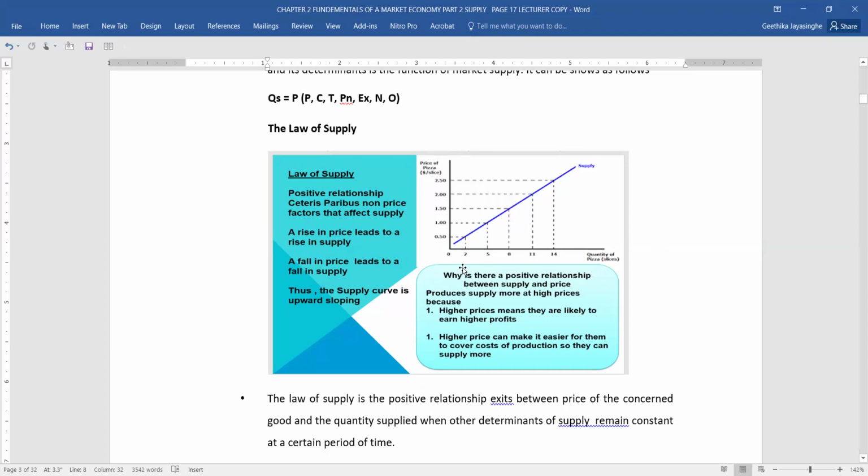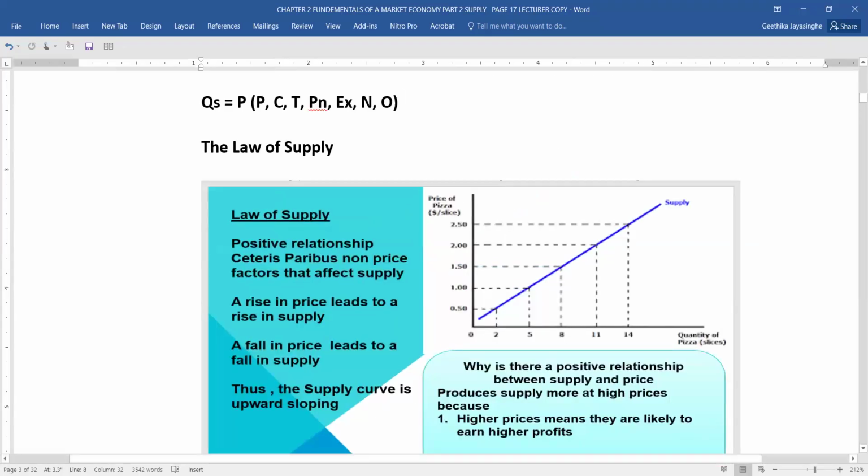You can say prices are from here 2, 5, 8, 11, 14. At zero price, one wishes to supply nothing. I'll make it a little bigger. Just draw that.